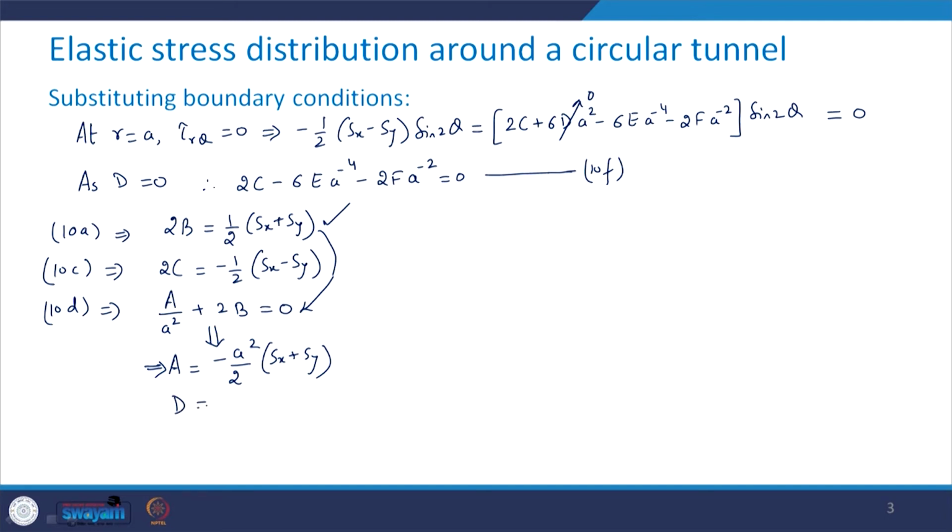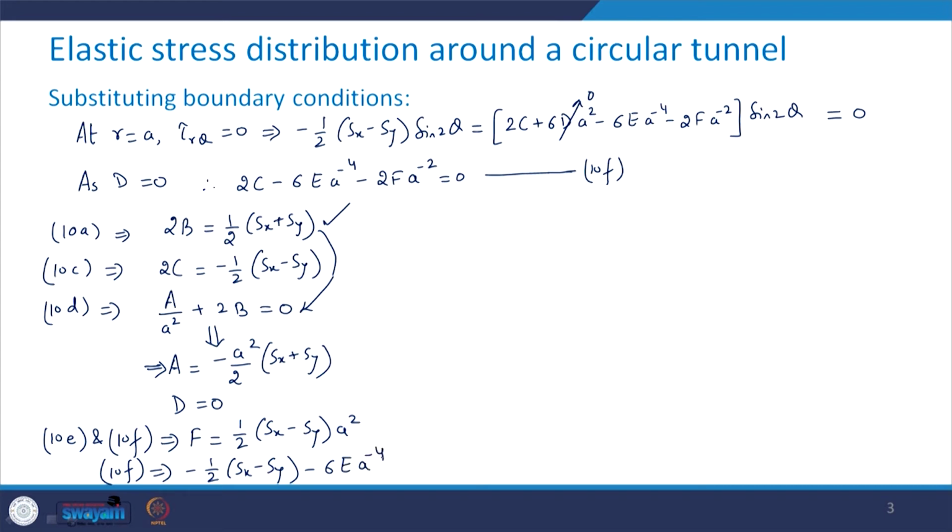We know that D is equal to 0. Now, this 10e and 10f combined will give me F is equal to half Sx minus Sy into a square, and 10f will be minus half Sx minus Sy minus 6e a to the power minus 4 minus Sx minus Sy equal to 0, and from here I will be able to get E as 1 upon 4 with a negative sign into Sx minus Sy a to the power 4.